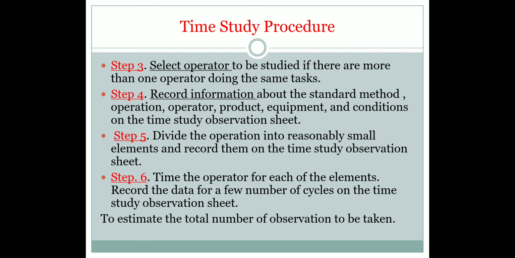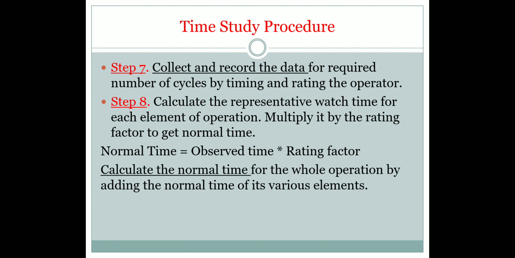Third step, select the operator to be studied if there is more than one operator doing the same task. Fourth step, record information. Fifth, divide the operation into a number of parts. Sixth, time the operator for each of the elements, record the data for a number of cycles, and estimate the total number of observations to be taken.